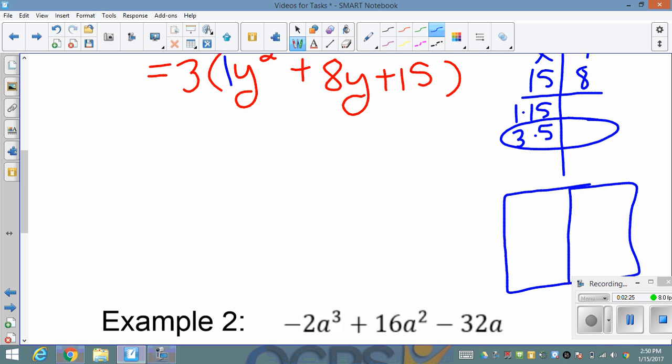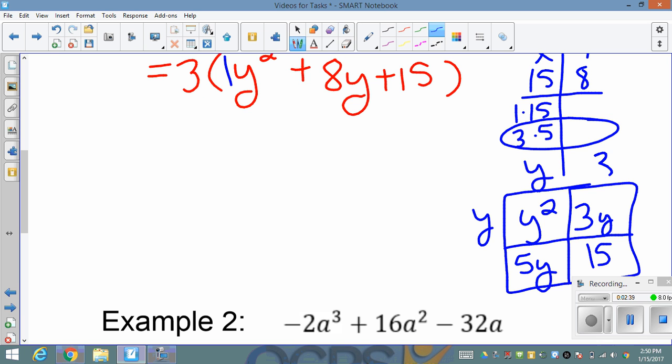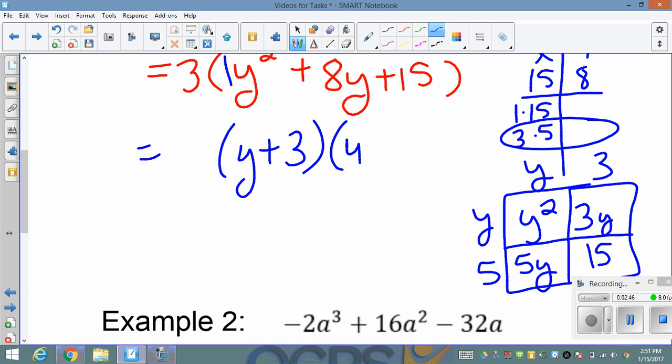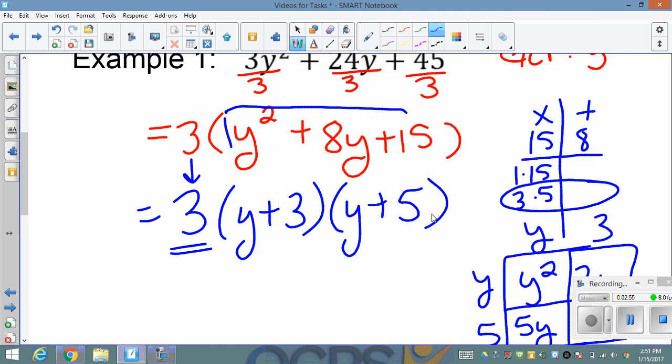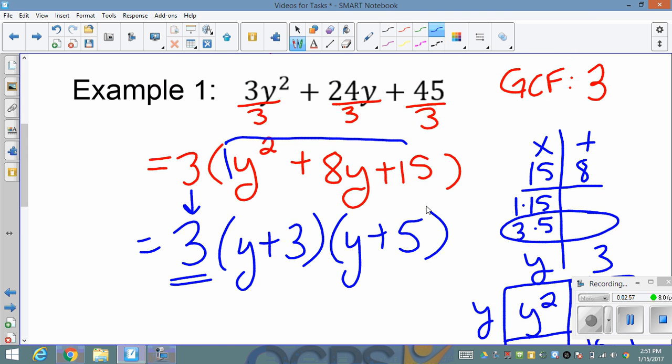So I'm going to put my y squared, my 15, my 3 and 5, don't forget your y. Pulling out the greatest common factor of each row, each column, I get y plus 3 times y plus 5. Don't forget that 3 in the front. I'm just bringing that down. It is very important that you remember to put the 3 there because we are using equal signs here.